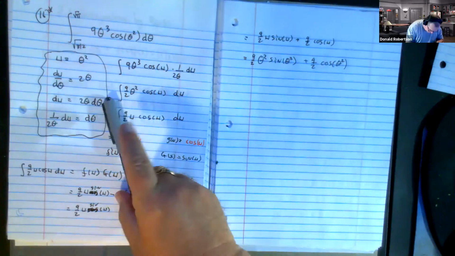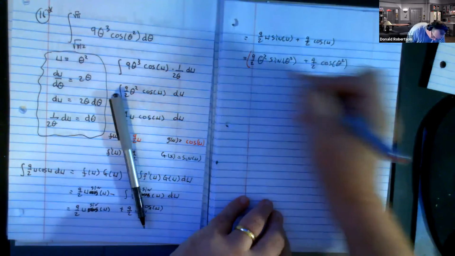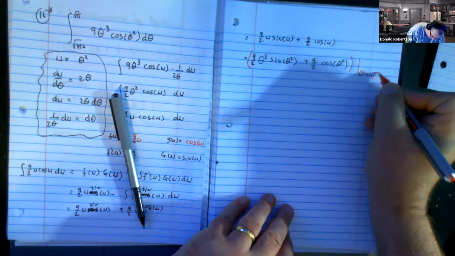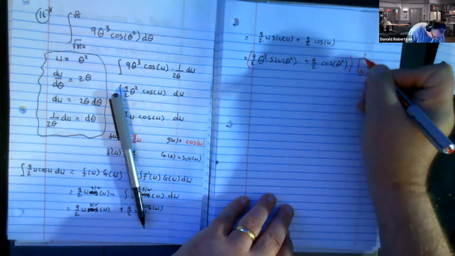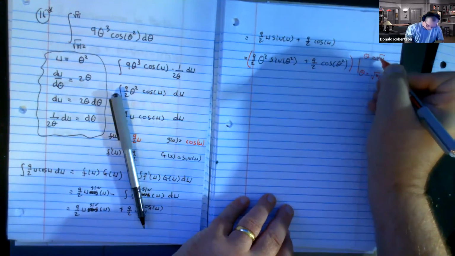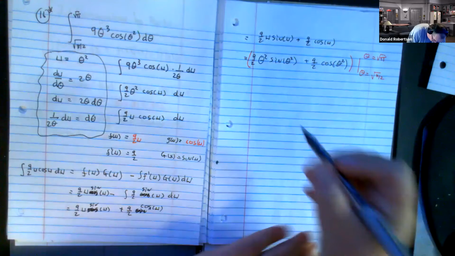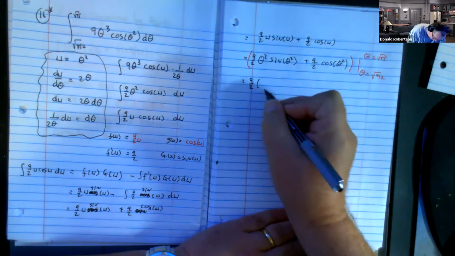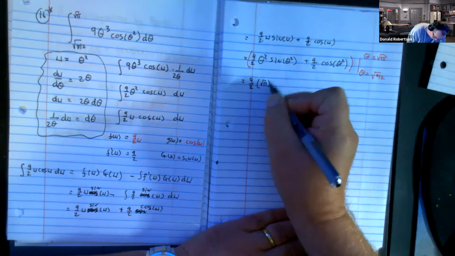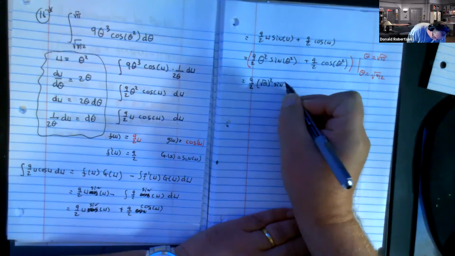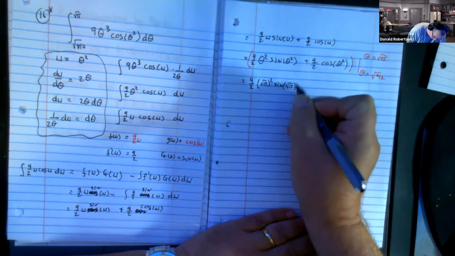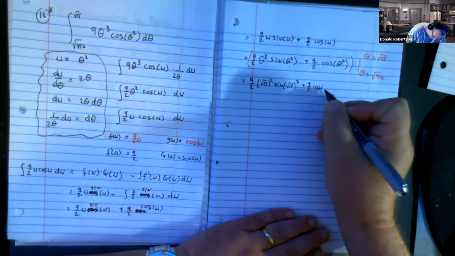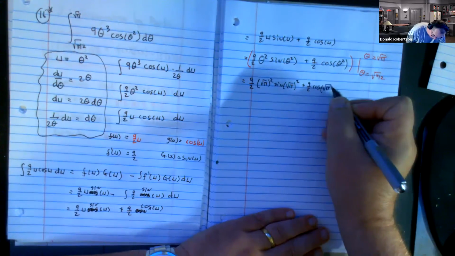Since there is a limit of integration, all I'm going to do now is go from theta equals that guy to theta equals that guy. So let's see what we get. We get 9/2 square root of pi squared times the sine of the square root of pi squared plus 9/2 the cosine of the square root of pi squared.